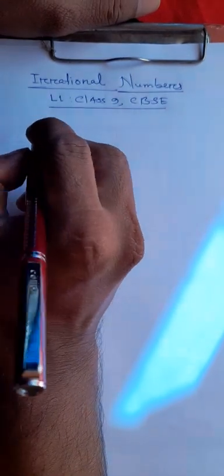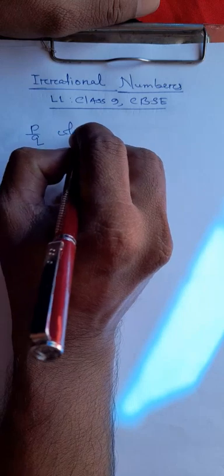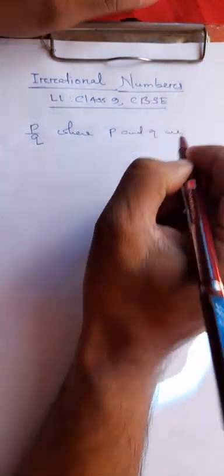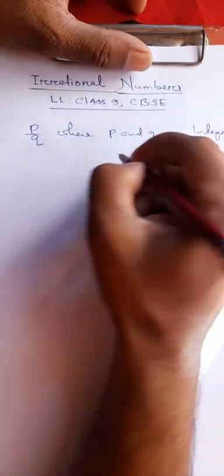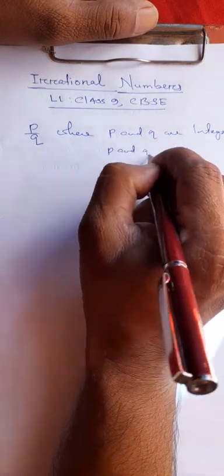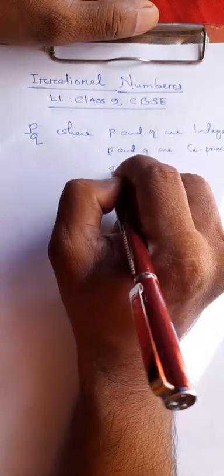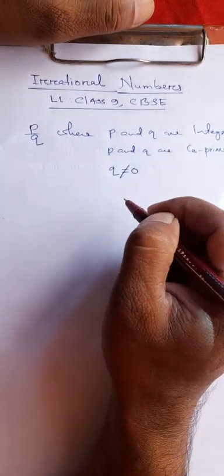A number which can be expressed in the form p by q, where p and q are integers and p and q are co-prime, q not equal to 0. This is the definition of a rational number.